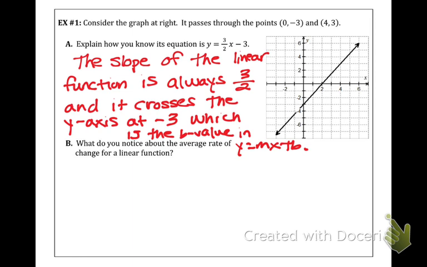It crosses the y-axis at negative 3, which is our b value in y equals mx plus b, the slope-intercept form.